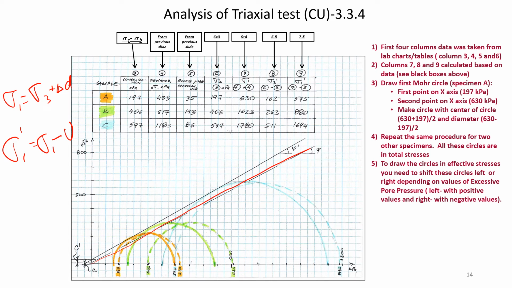Initially you build based on sigma 3 and sigma 1, and the second one you build based on sigma 3 prime and sigma 1 prime, and you get two different friction angles and two different cohesion values. That's it. Pretty straightforward, guys. It's so simple. Nothing else.